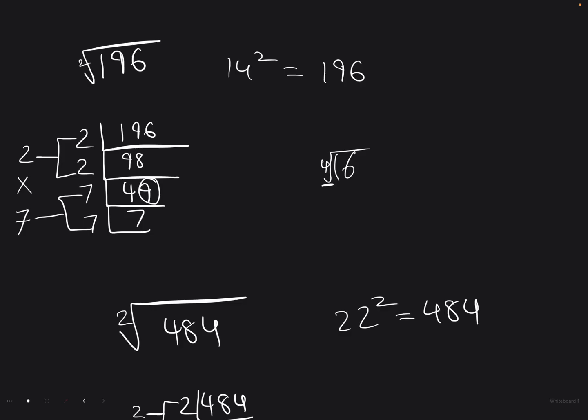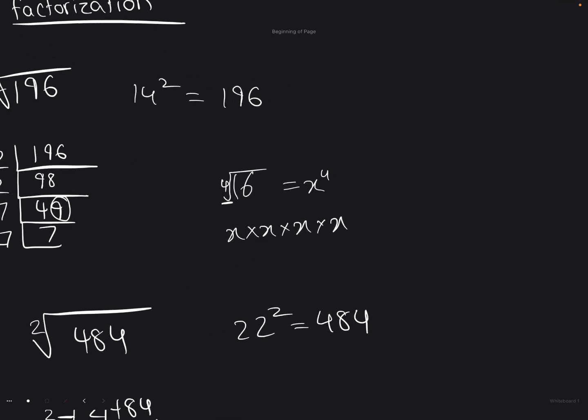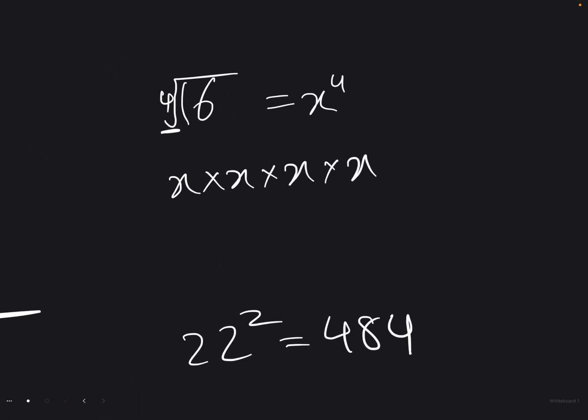This means 16 has to be equal to something raised to 4, which means x times x times x times x, 4 times. Now we're gonna look for a number that when multiplied 4 times gives us 16, which is gonna be 2 times 2 times 2 times 2.